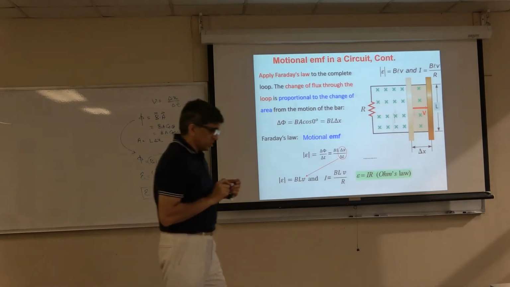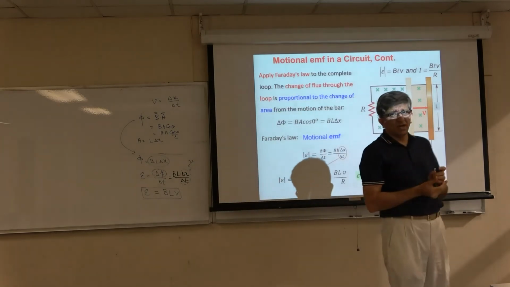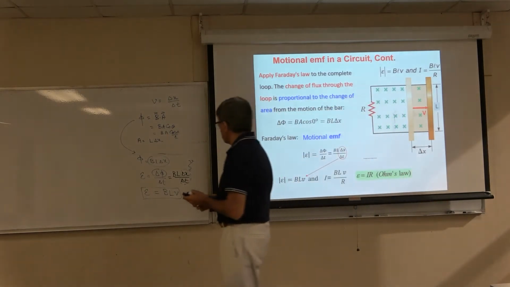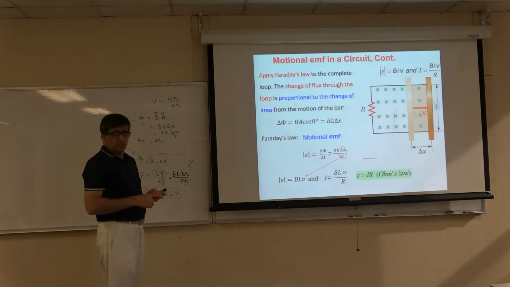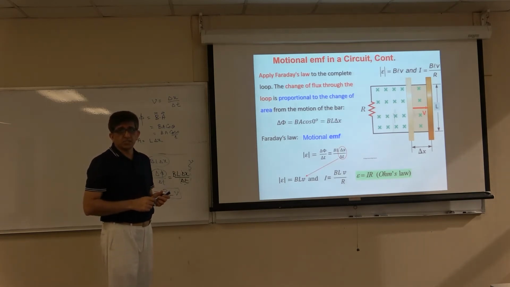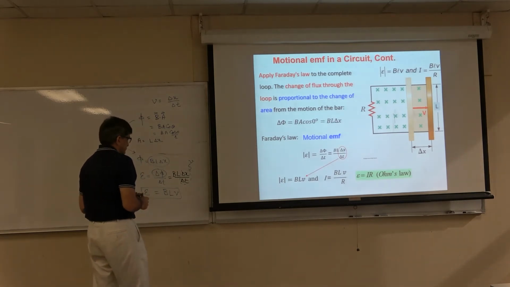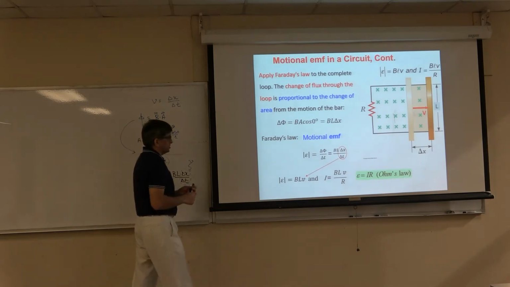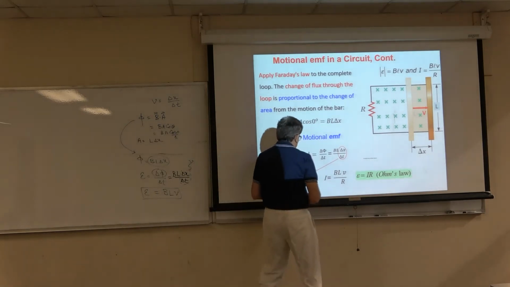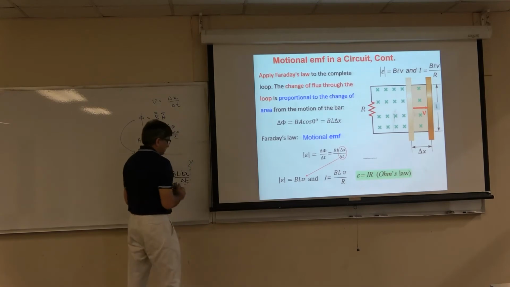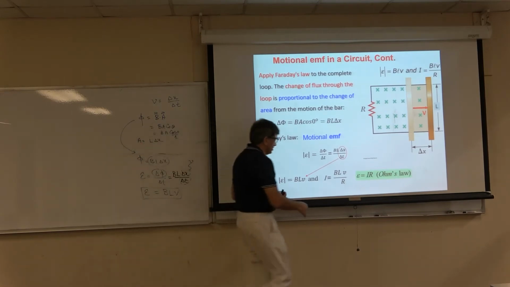This is the induced EMF. Now I want to know the induced current. In order to find this induced current, all I'm going to do is use Ohm's law. What does Ohm's law tell me?